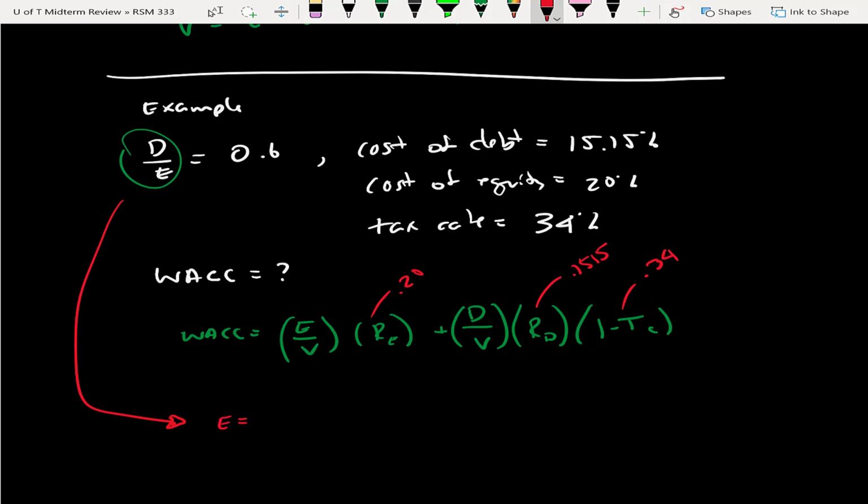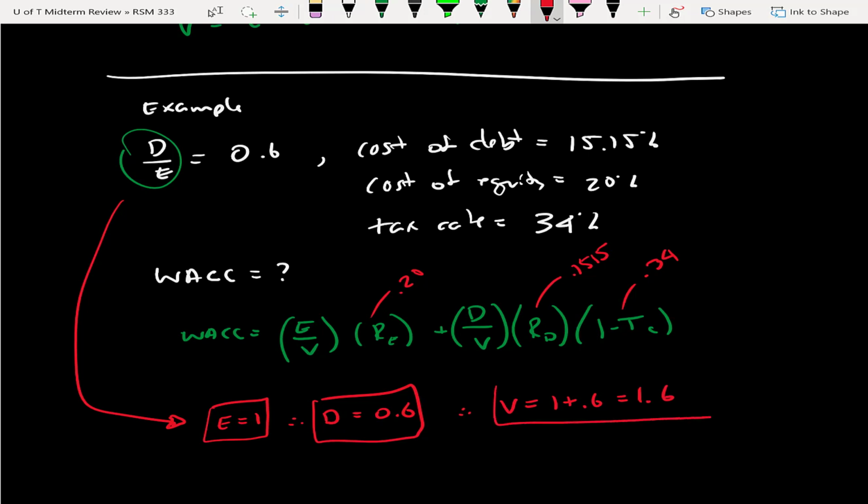I'm going to assume that equity is 1. So if equity is 1, therefore D has to be 0.6 for that ratio to hold. And if D is 0.6, then the value of the firm will be 1 plus 0.6, or 1.6. So if I plug these three variables into my formula, I get equity is 1 over 1.6, and debt will be 0.6 over 1.6.